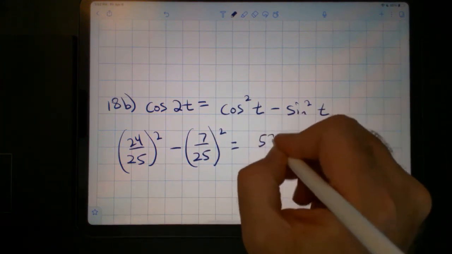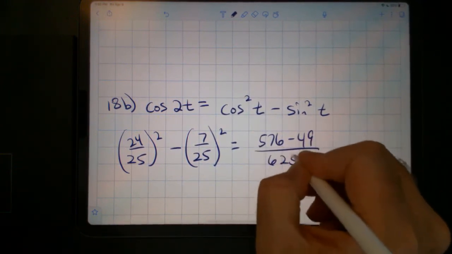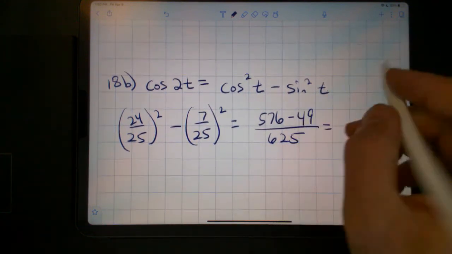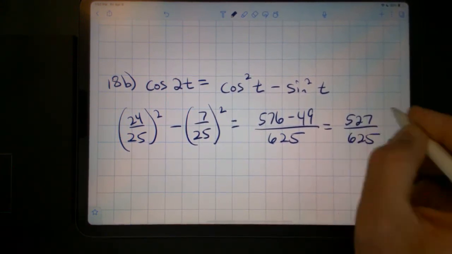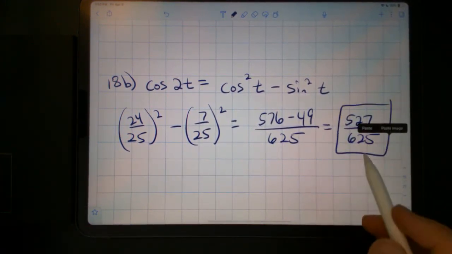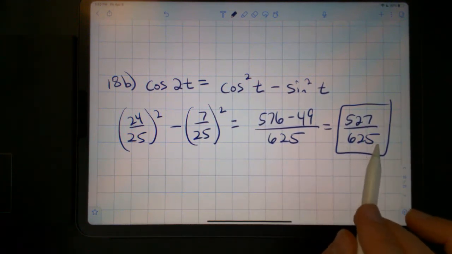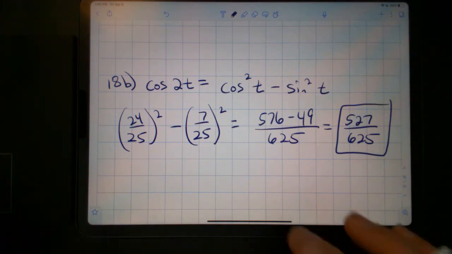So we have 576 minus 49 over 625, which would be 527 over 625. And again, this denominator is a product of 5s, 5 times 5 times 5 times 5, and the numerator has no 5s, so this fraction cannot be simplified.